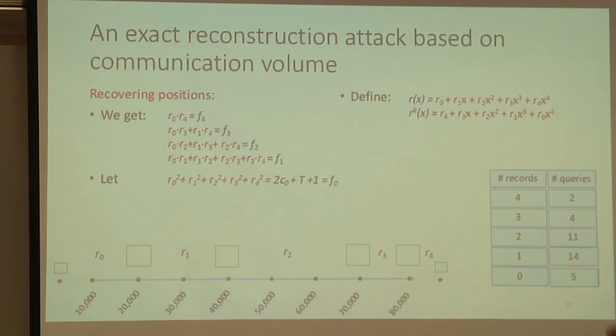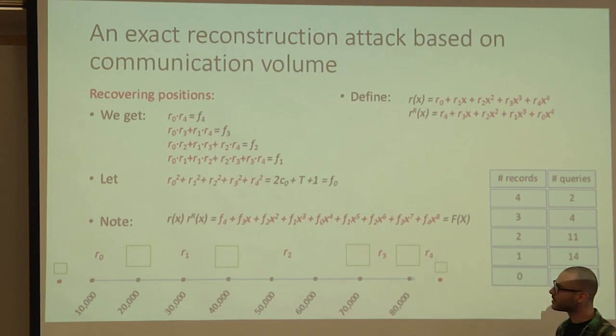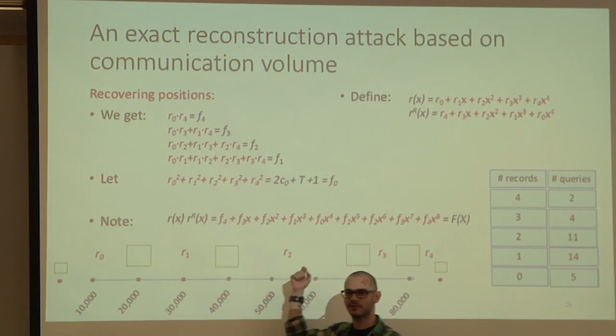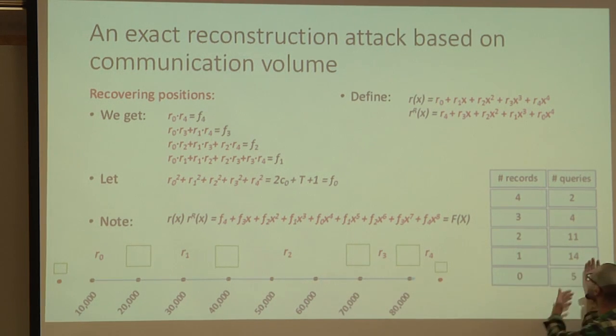These 2 polynomials essentially represent the 2 solutions of our attack that we expect, the real one and the mirrored one. Now, if we multiply these 2 polynomials, we're going to get polynomial f(x), which has as coefficients the numbers that we got from this table. And this is all the information we have, actually.